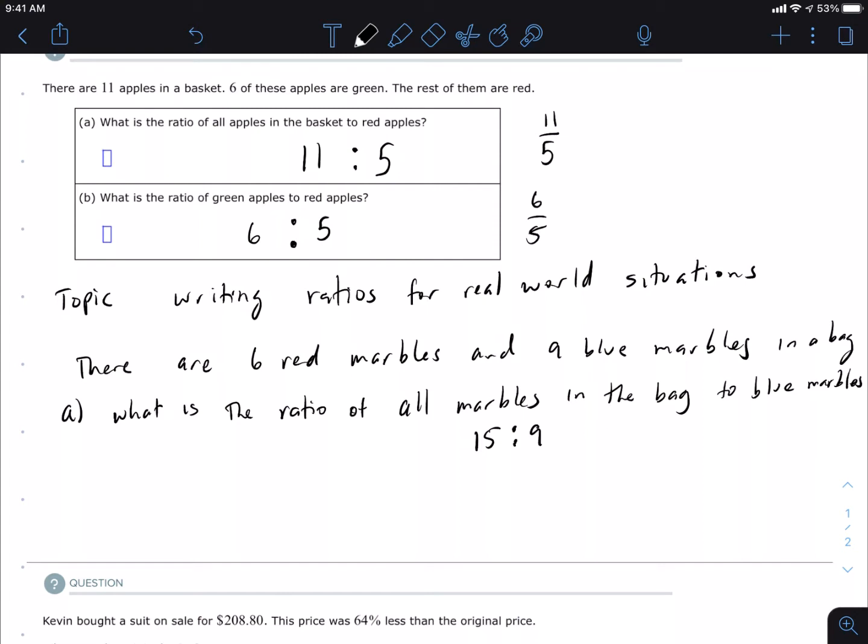Okay, so let's do this other one and see. All right, so now it wants to know the ratio for blue marbles to red ones. So what do you think that would be?